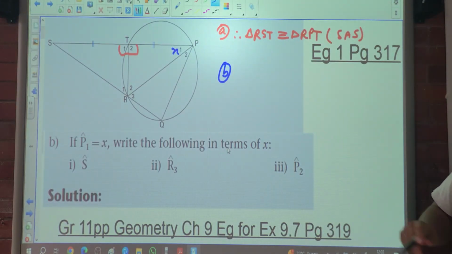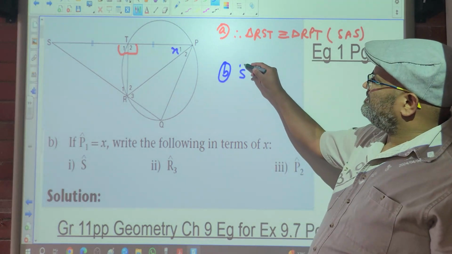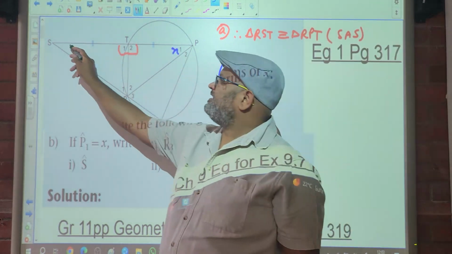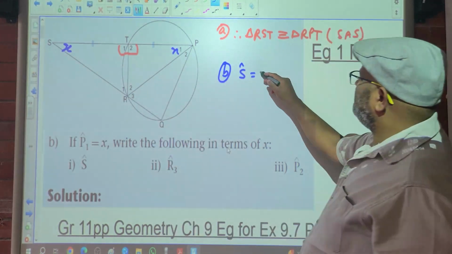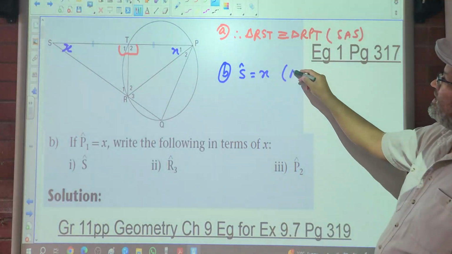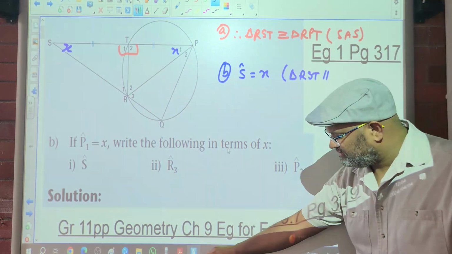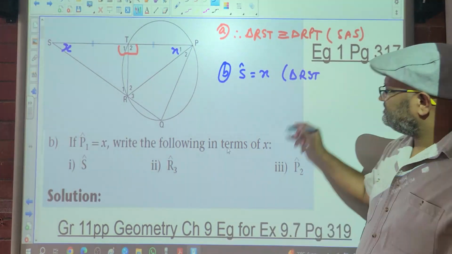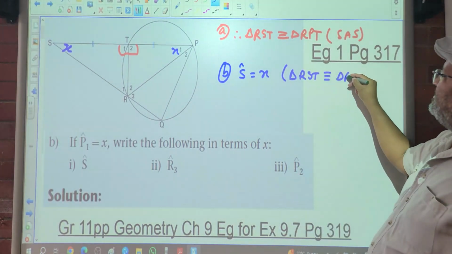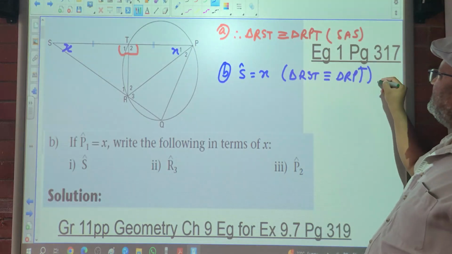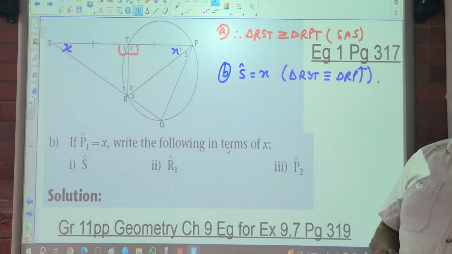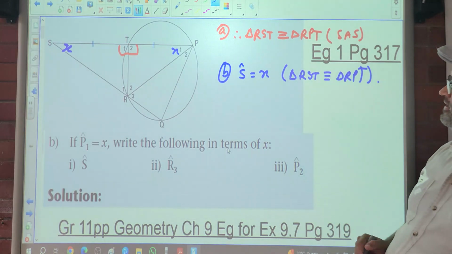So in terms of x, what would angle S be? Angle S should be x. Triangle RST is congruent with triangle RPT. Okay. You guys got it? That was B1.